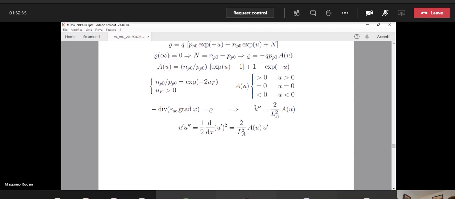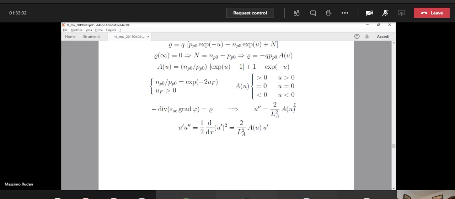If you do it in 1 dimension and you replace the symbols, you find this equation. It's the second derivative of U with respect to x equal to 2 over the square of the Debye length times this function A of U.